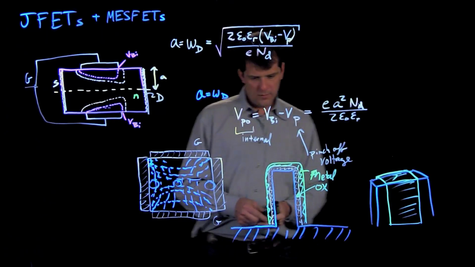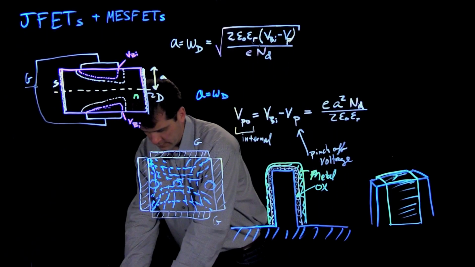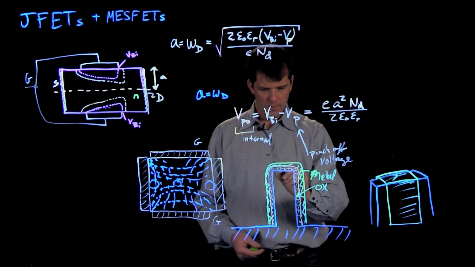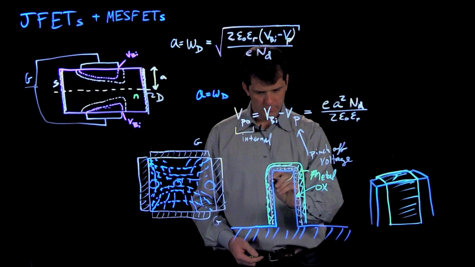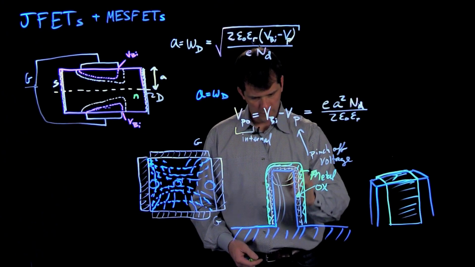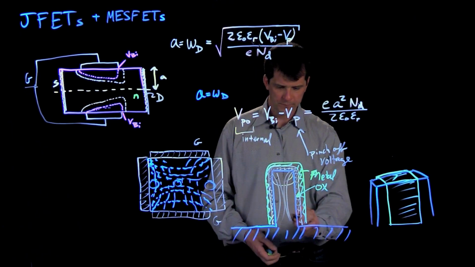So this structure is easier to pinch off because you have the depletion widths moving in from multiple sides simultaneously.